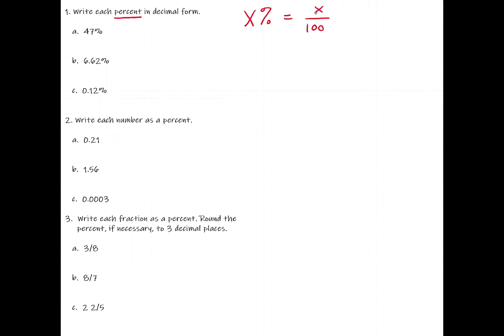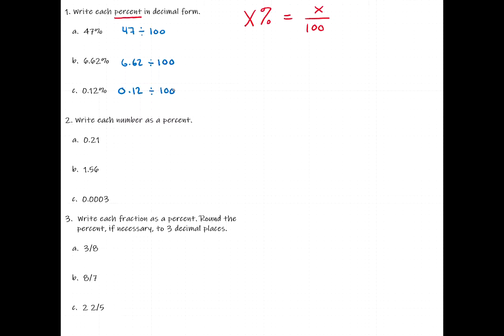So in problem 1, we're going to need to take each one of these percentages and divide by 100. 6.62 divide by 100 and 0.12 divide by 100.